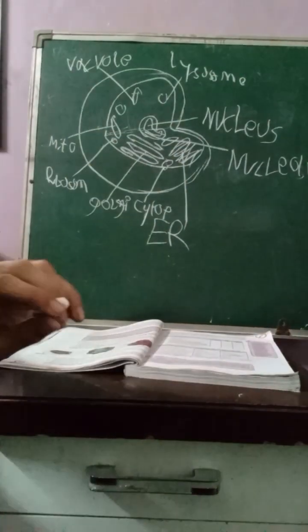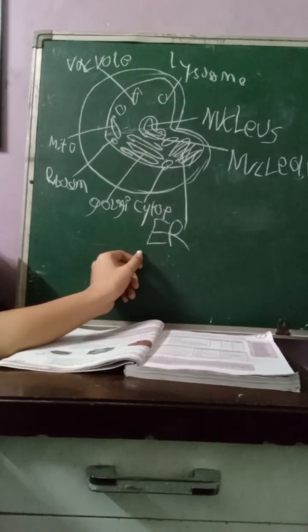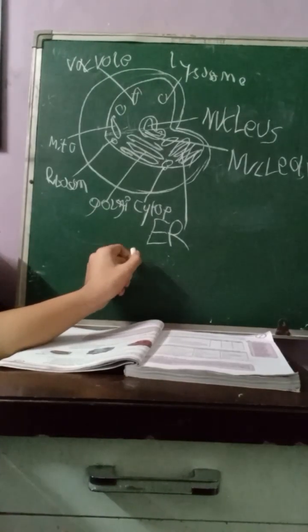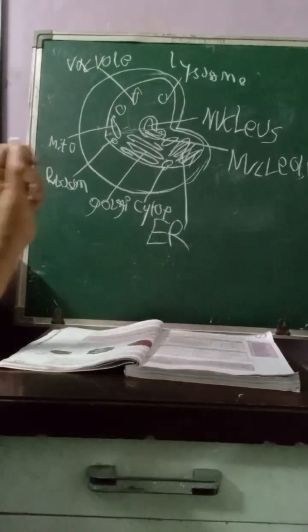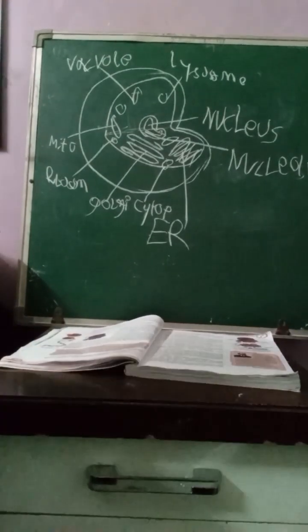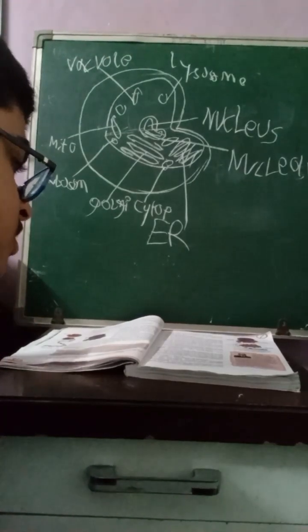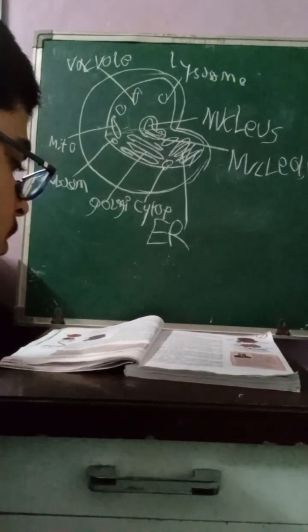So, here in the structure, this is the ER, the endoplasmic reticulum, which works as some sort of intestine for our whole body. And then we got the Golgi apparatus. The Golgi apparatus is quite smart and it acts as something quite important for our whole plant.